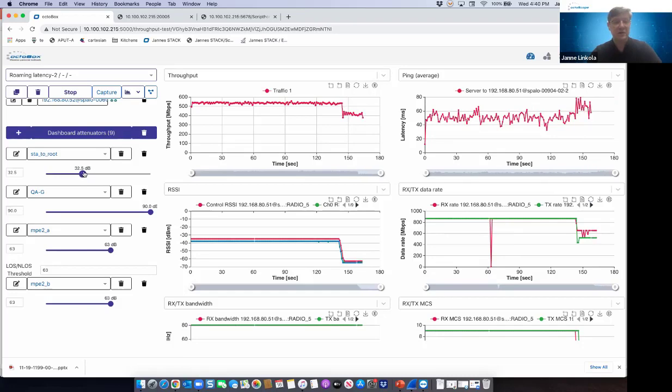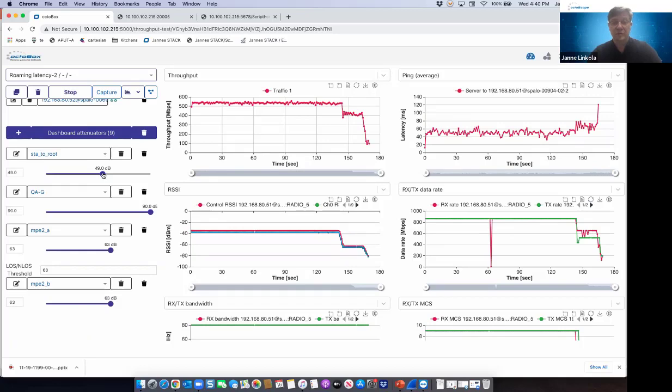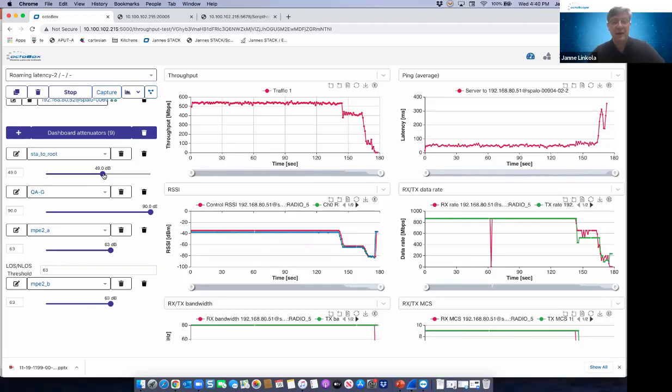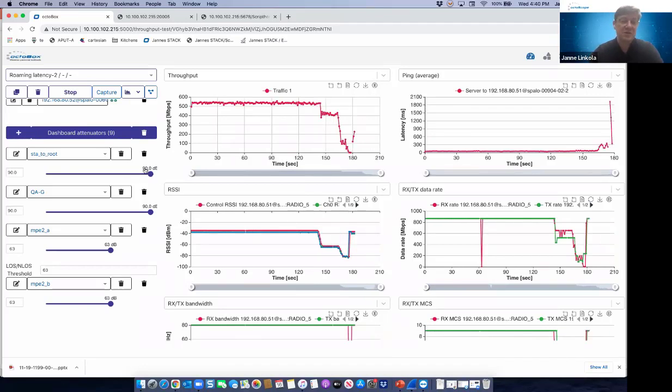But as I continue increasing the attenuation between the station and the root node, we should be seeing a handover event here soon if things go according to plan. And there you go, there it is. So as you can see, I maximized the attenuator between the station and the root. The only thing the station now sees is the first extender.